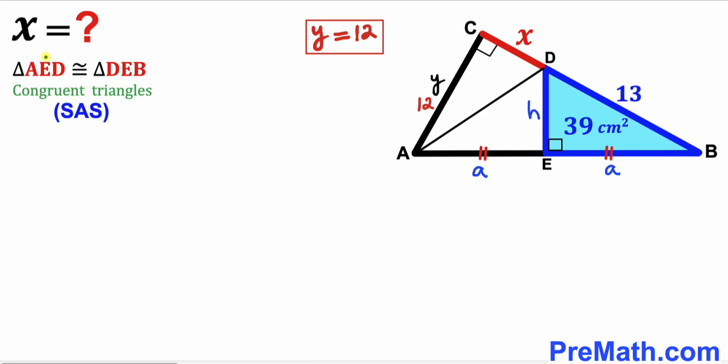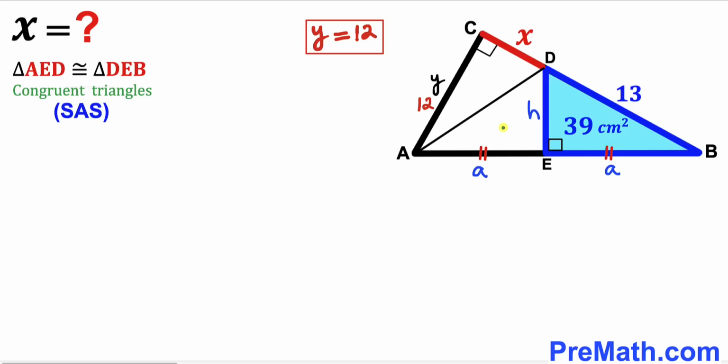We can see that these two right triangles, AED and the other triangle DEB, are congruent triangles according to the side angle side congruency theorem. Here we can see this side is lowercase a and this is lowercase a as well. This is a 90-degree angle and this is a 90-degree angle as well, and this side is in common.